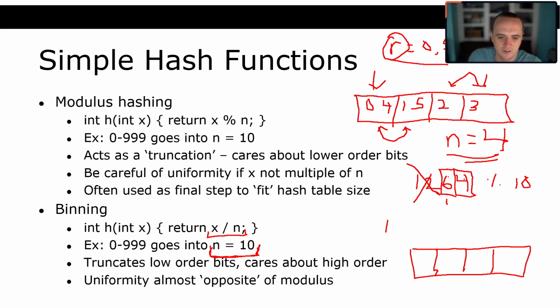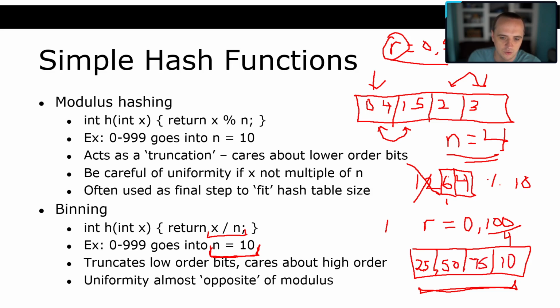We're going to take our input range and basically divide it by the number of outputs that we have, right? So let's say my input range is between 0 and 100. Then I have 100 over 4 is going to be the number that I divide by. So 0 to 25 are going to go in the first bin. 26 to 50 are going to go in the second bin. 50 to 75 are going to go in the third bin.